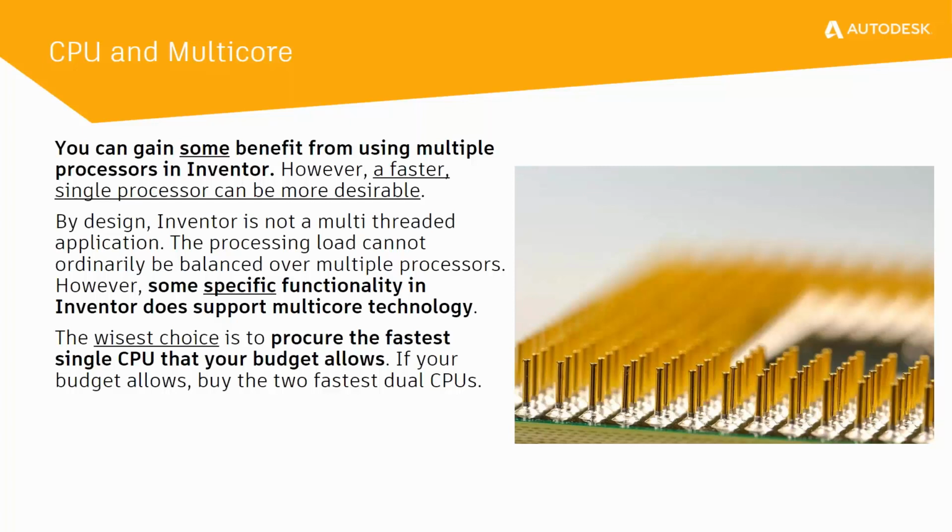There is some specific functionality inside Inventor that does support multi-core technology, and I'll look at this in the next slide. But the wisest choice when it comes to selecting a CPU is to procure the fastest single CPU that your budget allows, and potentially, if your budget allows for dual CPUs, to try and buy or implement the 2 fastest dual CPUs that are available.